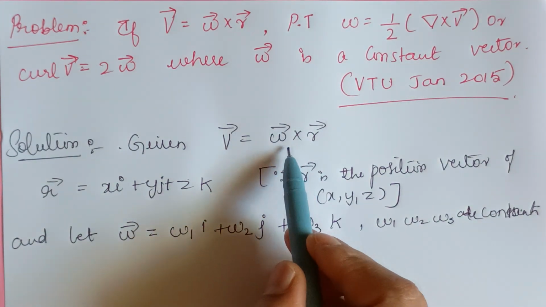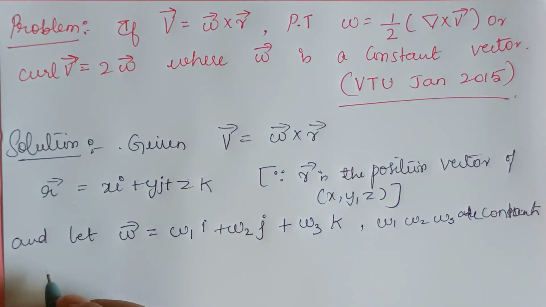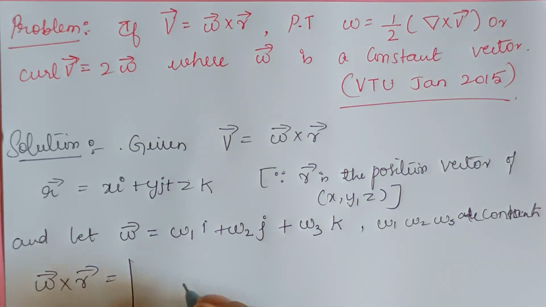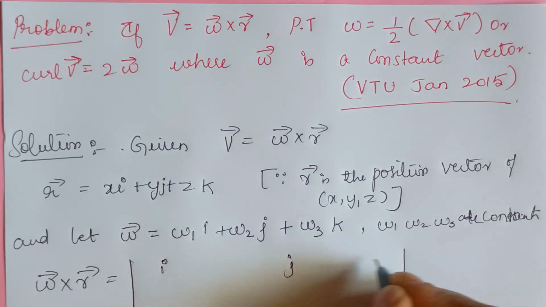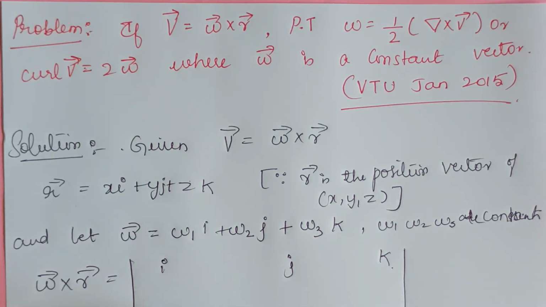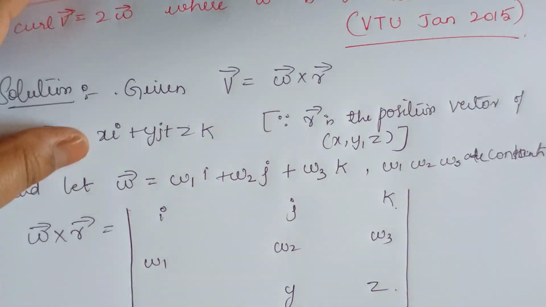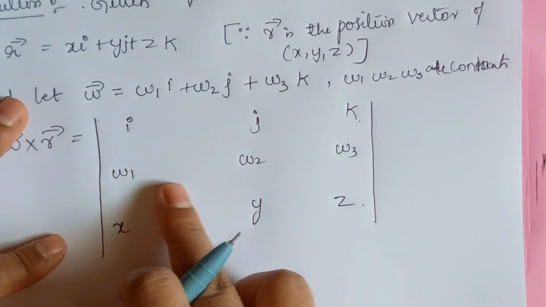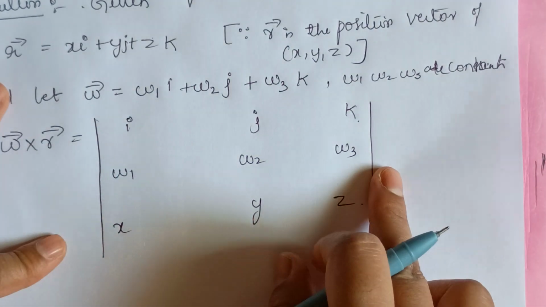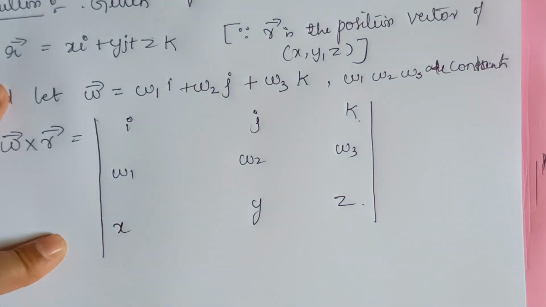So let's find vector w cross vector r. To do that, I write the determinant with rows i, j, k; w1, w2, w3; x, y, z. These are the vector r coefficients, these are the constants of vector w, and these are the i, j, k unit vectors.